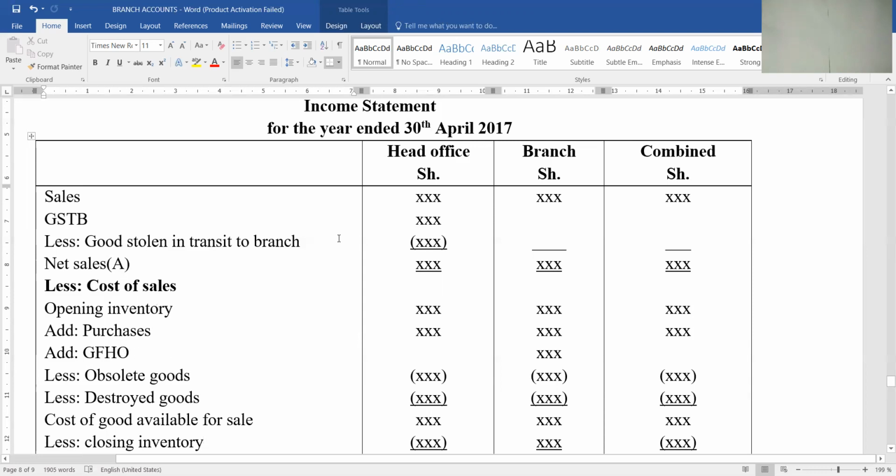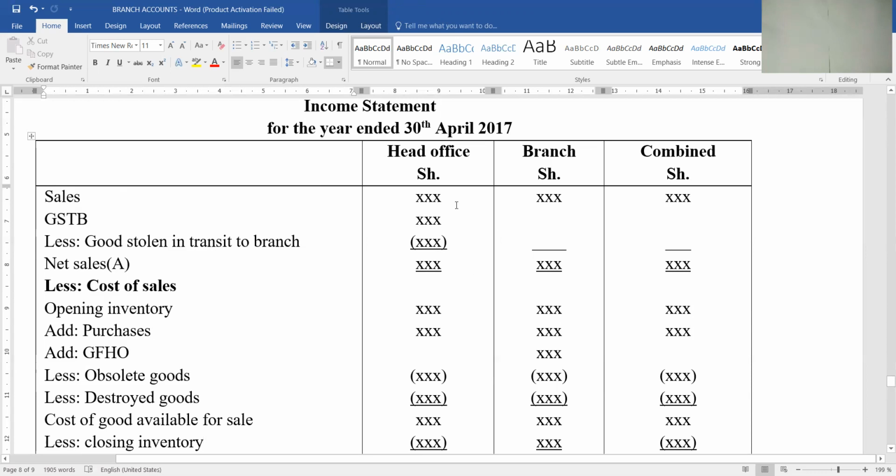So these goods which we have recorded up here, GSTB, goods sent to the branch, are the ones received down here as goods from head office. That is why you can see I have recorded it under the branch. So goods from head office under the branch, after the purchases, is supposed to be the same as goods sent to branch.